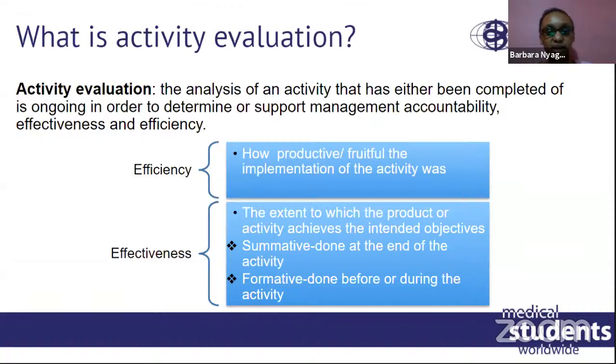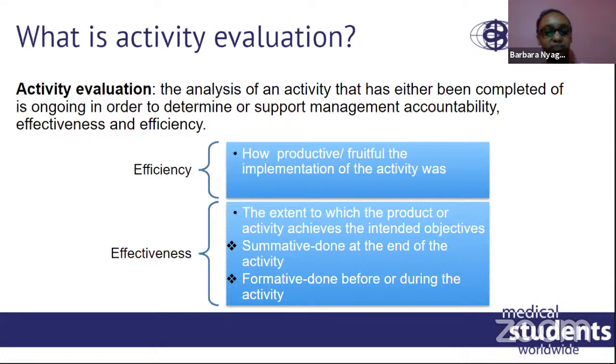So what exactly is activity evaluation? Activity evaluation is the analysis of an activity that has either been completed or is ongoing in order to determine or support management accountability, effectiveness, and efficiency. So the two main components of activity evaluation are to assess the efficiency and the effectiveness of an activity.